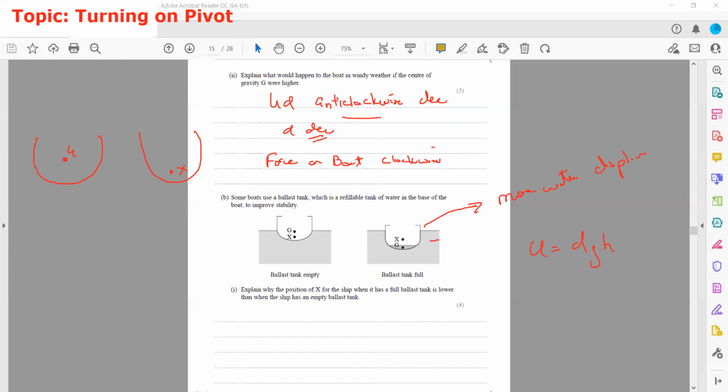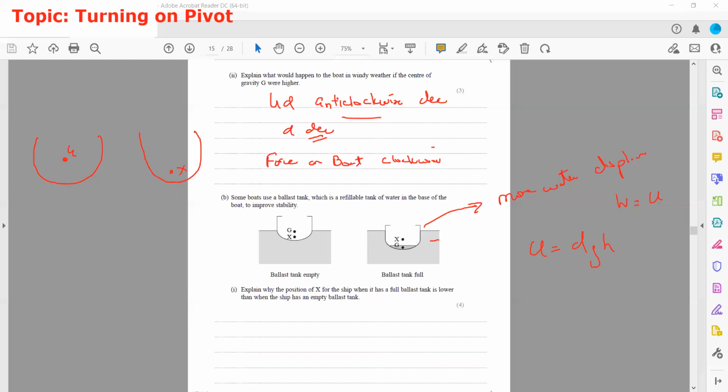When filled with water, the weight or mass of the boat will increase, and weight is equal to upthrust.